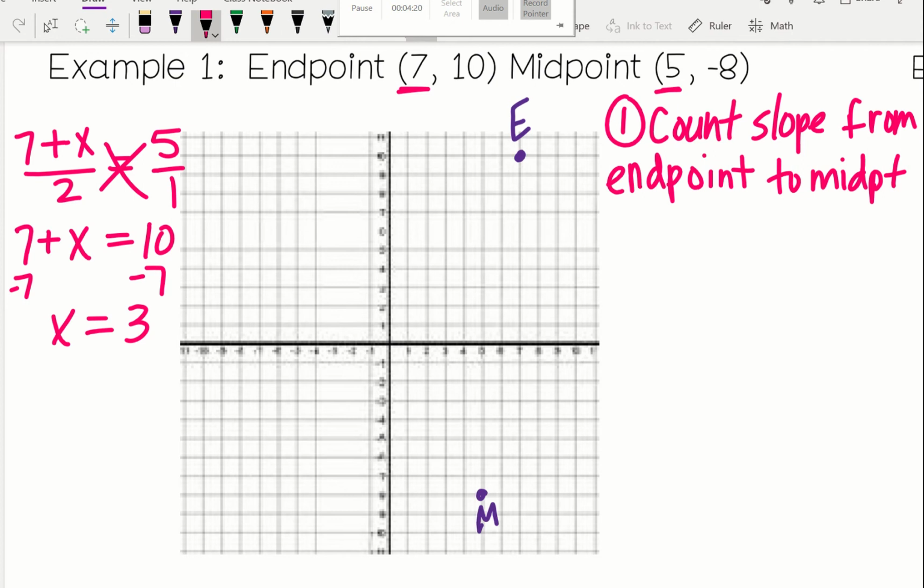Okay? So since we don't have the whole graph, I'm just telling you that you've got to go from endpoint to midpoint every time. So if I counted down from E to M, how far did I have to go down? I went down, so negative 18. Do you agree? 18, because it's 10 down to get to 0.